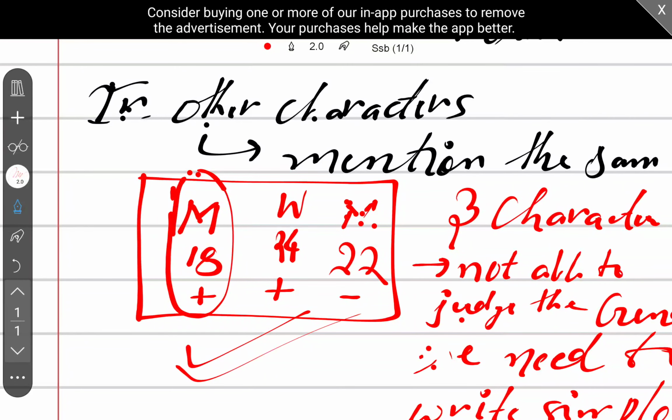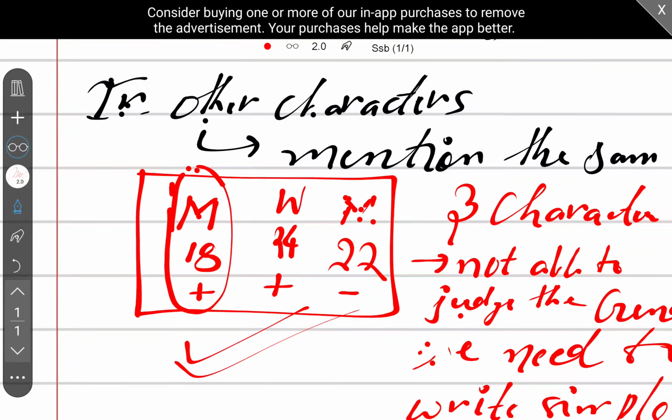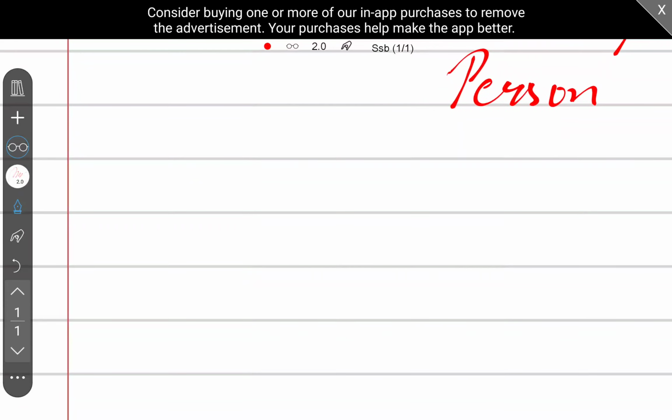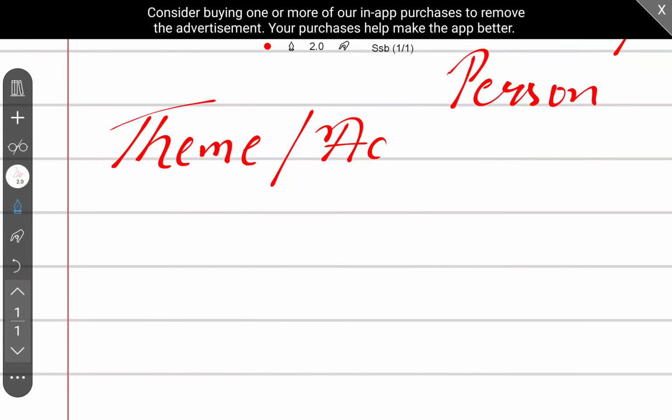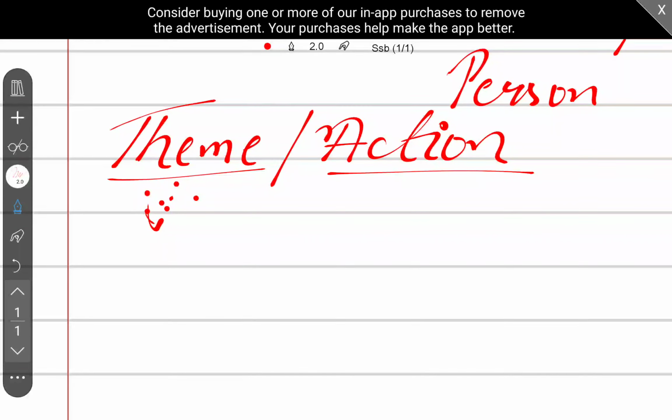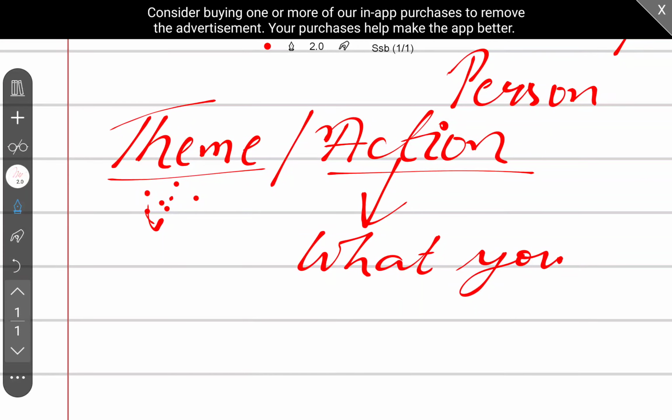Now let's talk about the theme or action of the story. In the theme or action you write what you see.